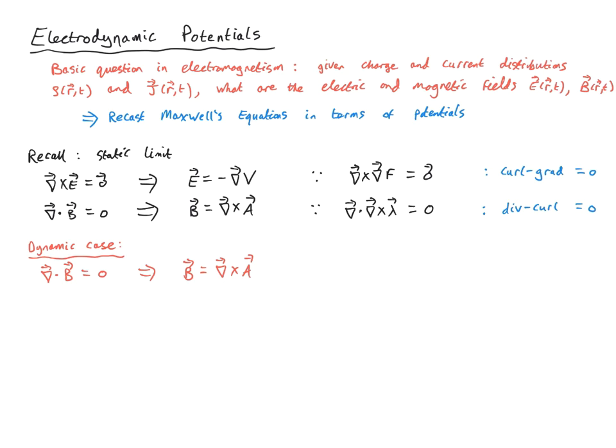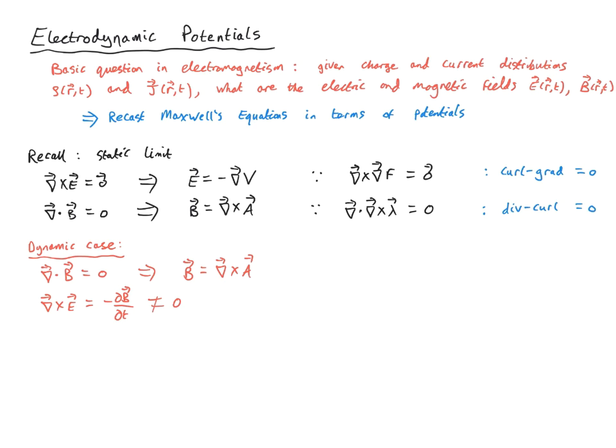However, things are not quite so simple on the electric side of the theory because, of course, we have Faraday's law. The curl of the electric field is no longer just equal to 0, but minus dB by dt. And in the dynamic case, this is not just equal to 0. So we cannot just invent a scalar potential whose gradient is equal to the electric field.